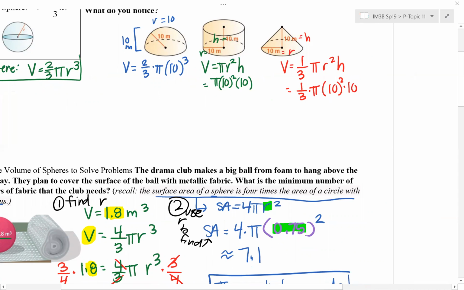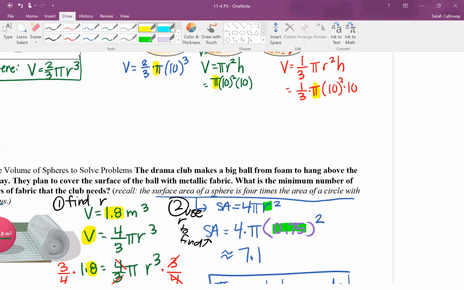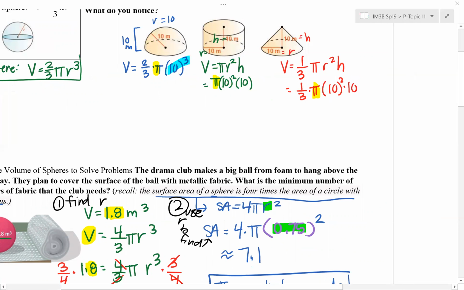So looking at these, they all have a lot in common, right? They each have a pi. What else do they each have? Don't they all technically have a 10 to the third power? So this one has 10 squared times 10, and isn't that 10 to the third? And then 10 squared times 10 again is 10 to the third.